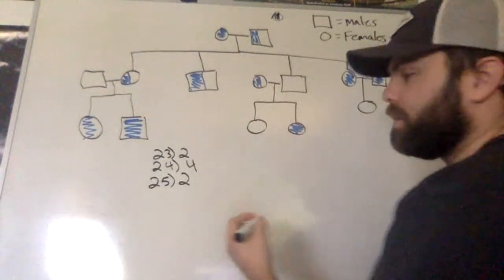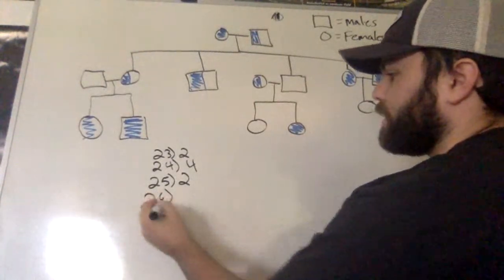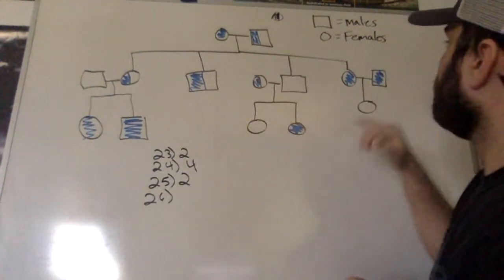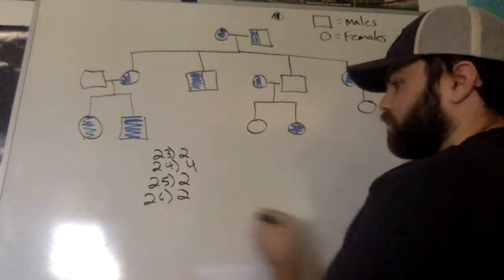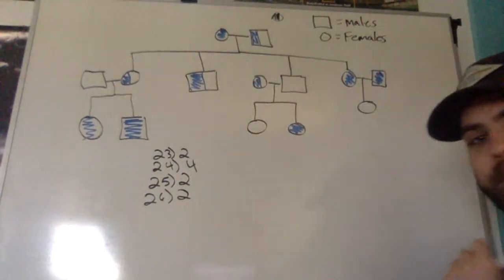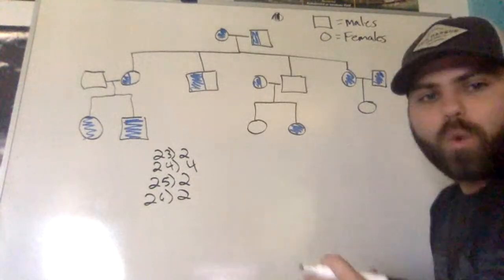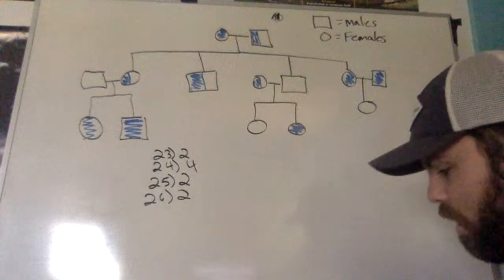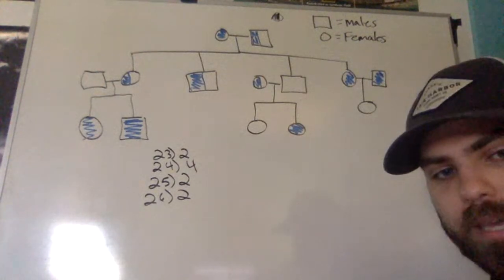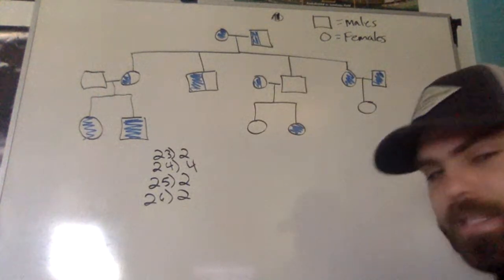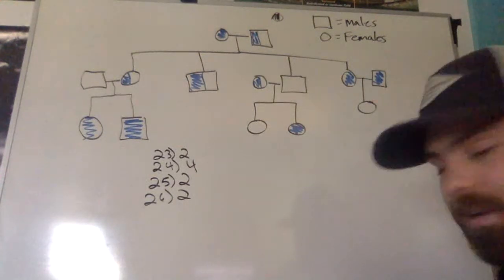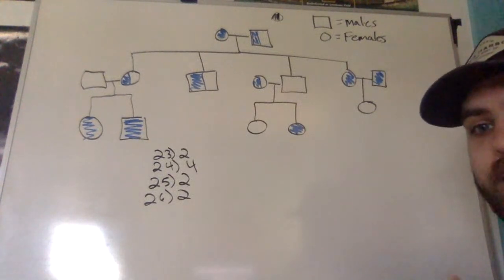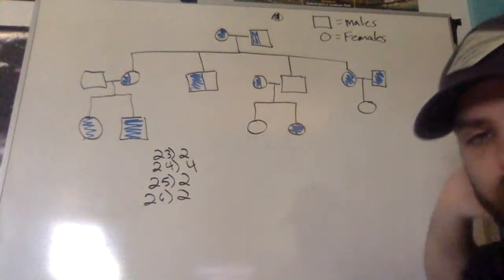Now let's do 26, where it's asking the same question, but now for males. So we got 1, 2, that's it. Same number, 2. Now this is the other part of the question where I saw a lot of you were just giving me affected male or unaffected female. This is asking you how everything is related. Remember, when we did our video last week, I told you to put a number at each one of these symbols.